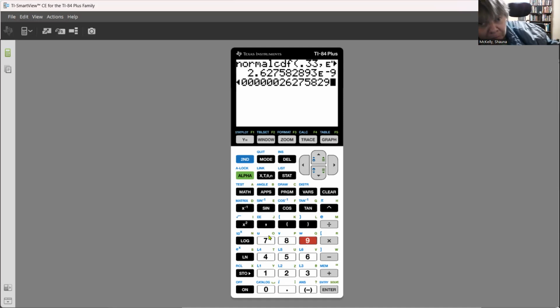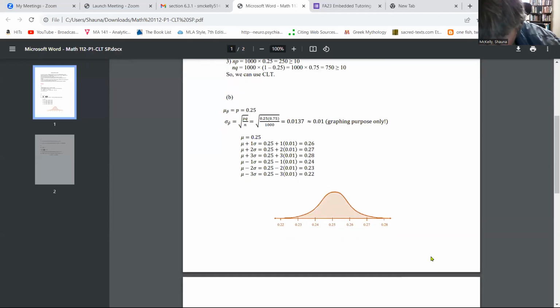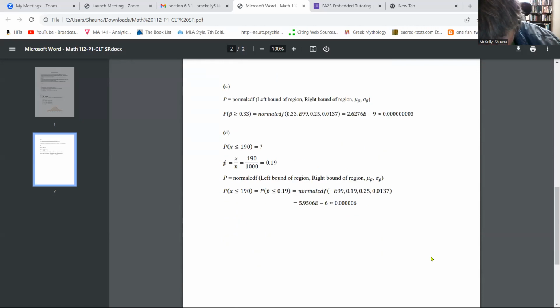Okay. There's a little mistake in her key here. It doesn't make a difference for your probability per se, but this answer, there's my E99.